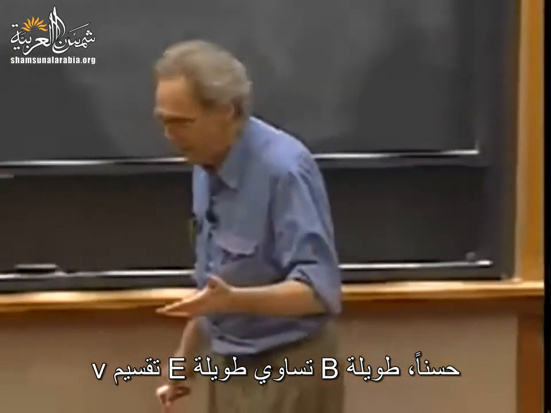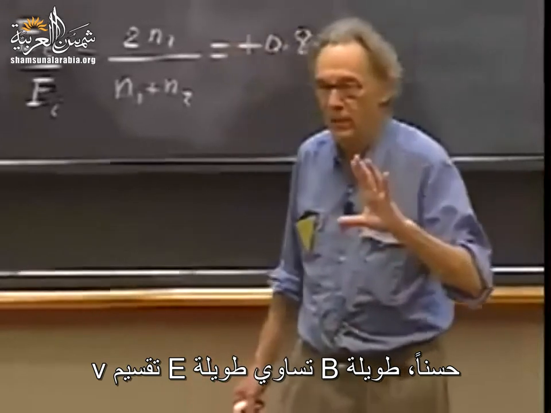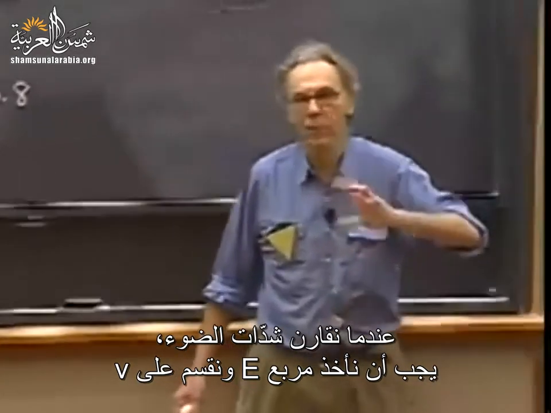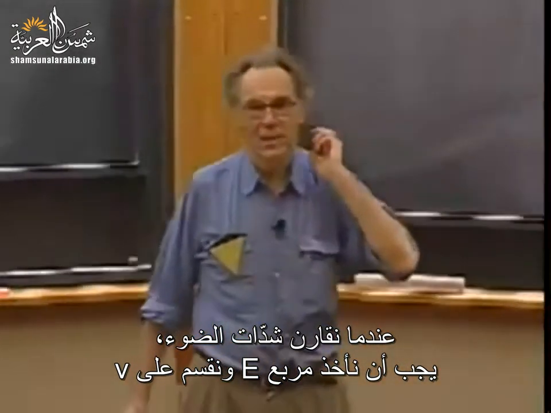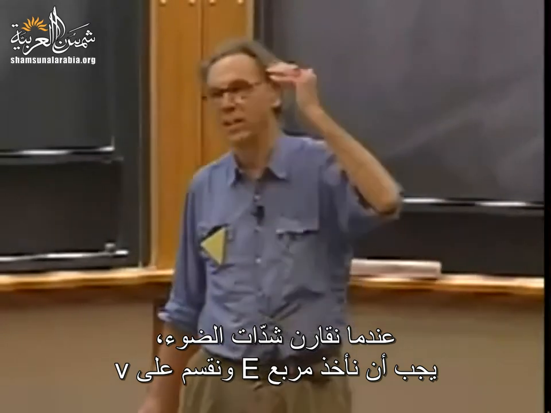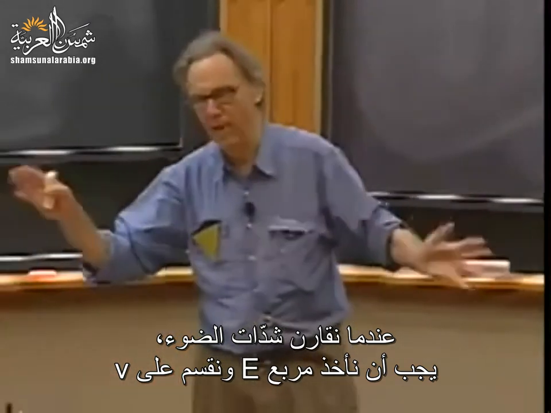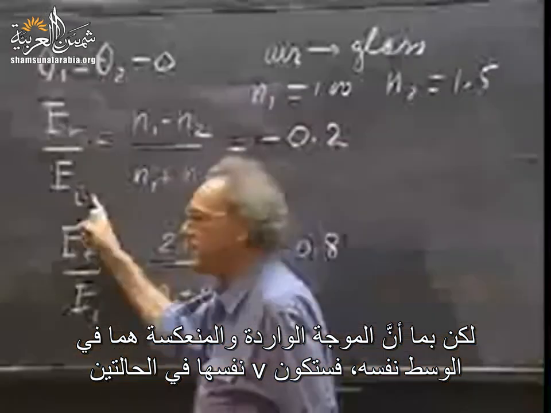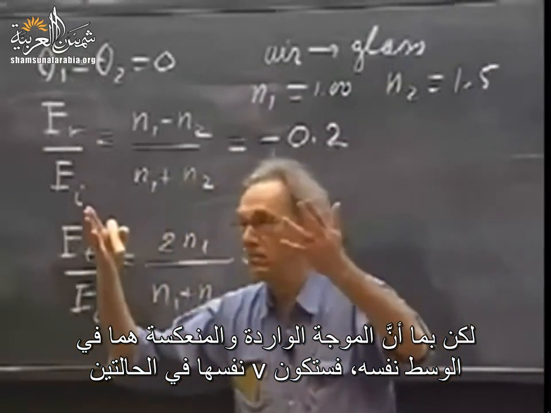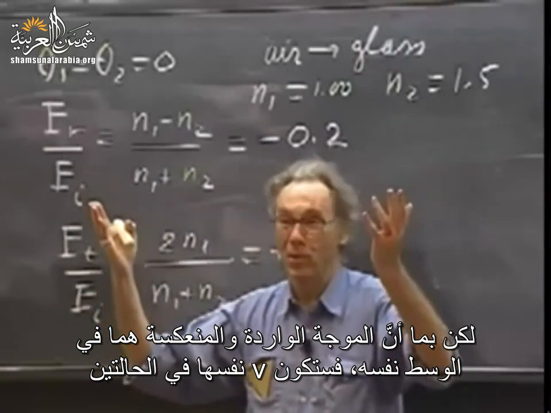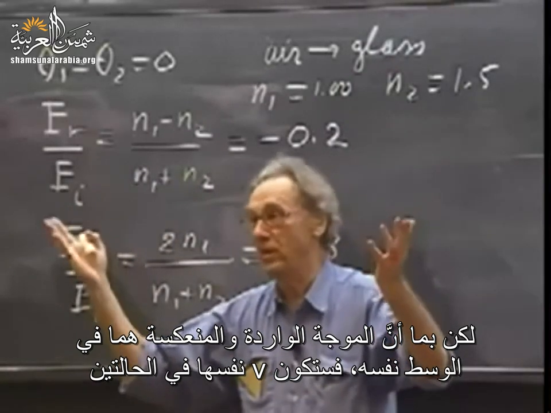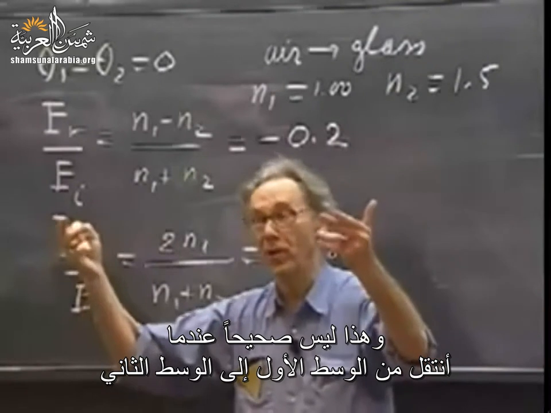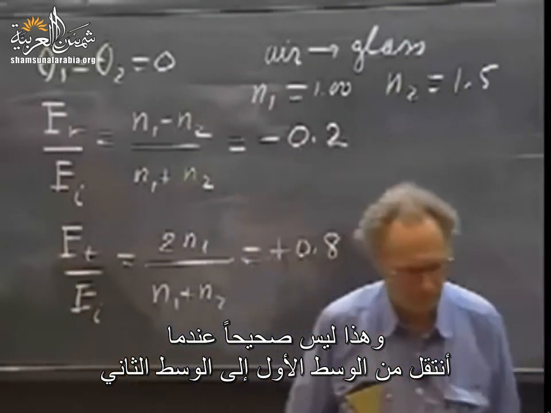Well, B in magnitude is always E divided by V. So whenever you compare light intensities, all you have to do is take E squared and divide it by V. But since the reflected one and the incident one are both in the same medium, I don't even have to worry about V, because V is the same in both cases, which is not true when I go from medium 1 to medium 2.